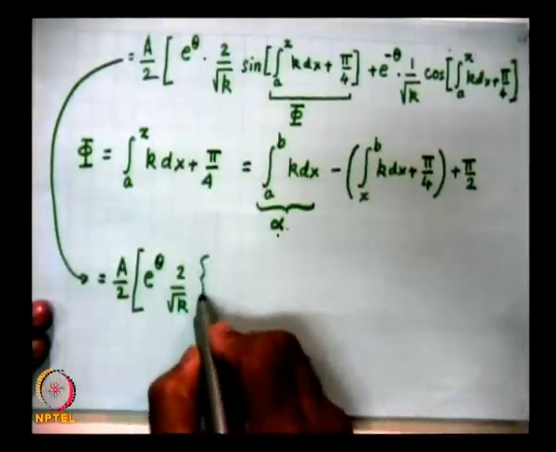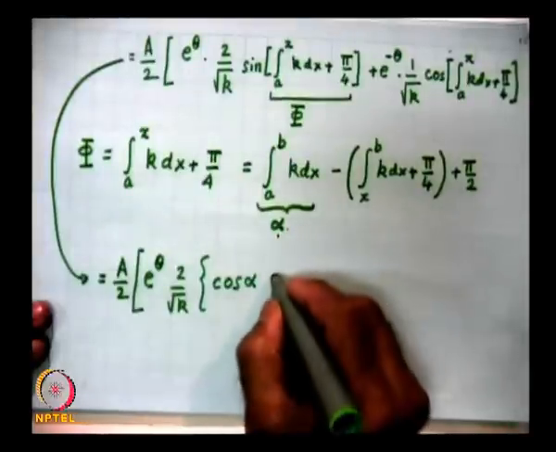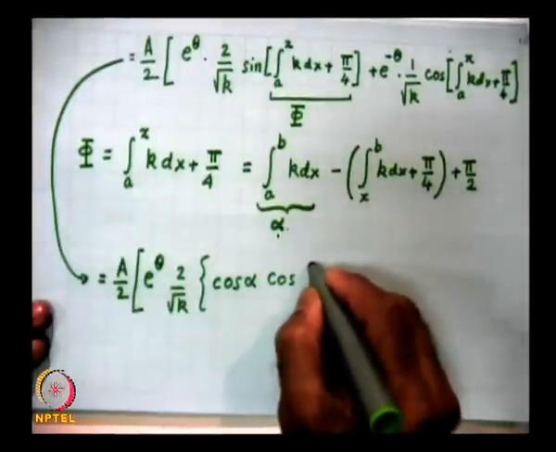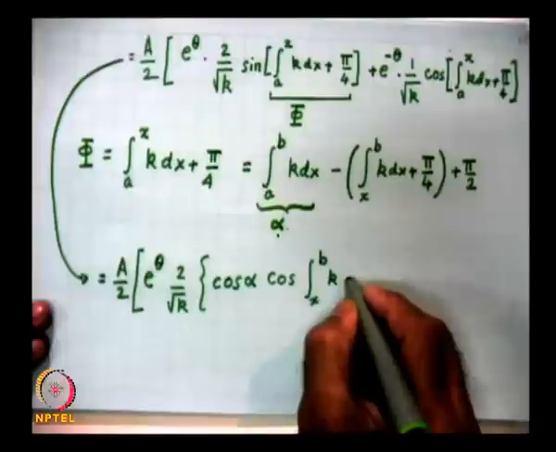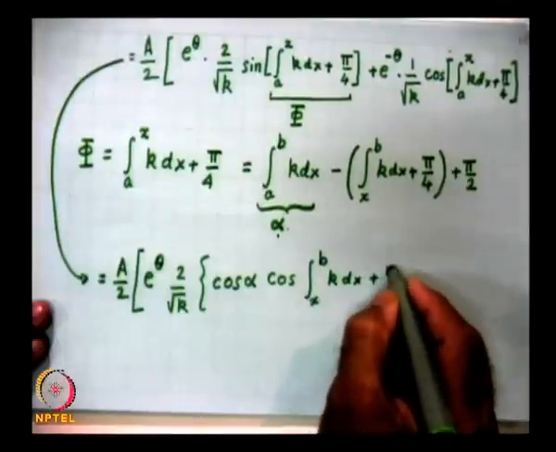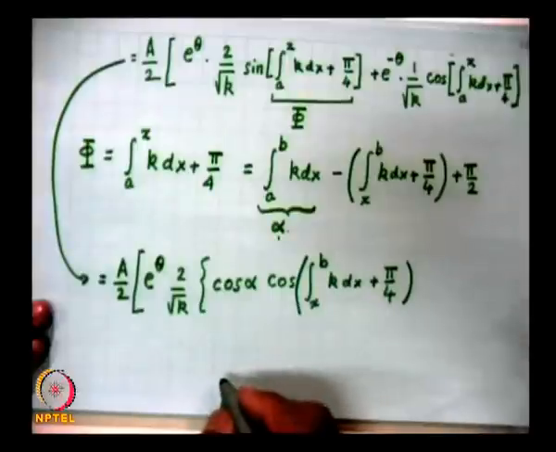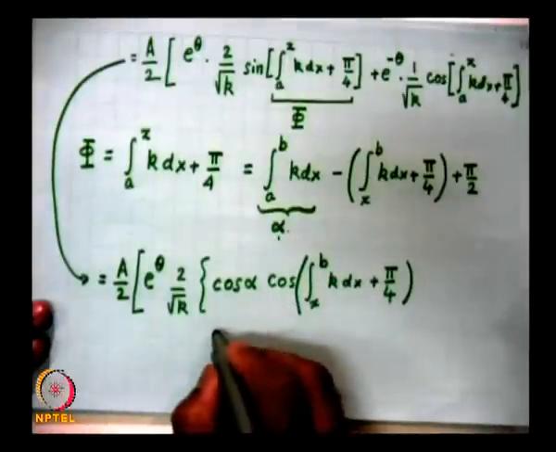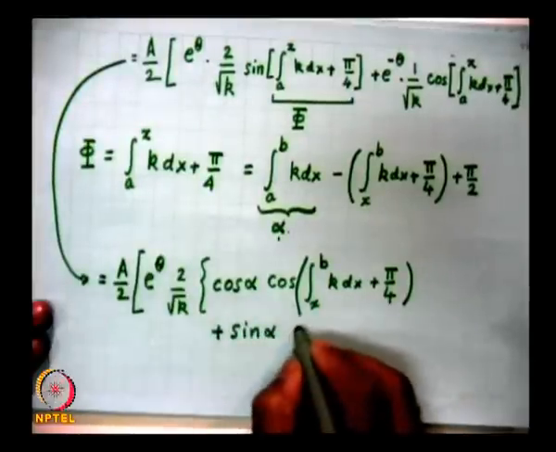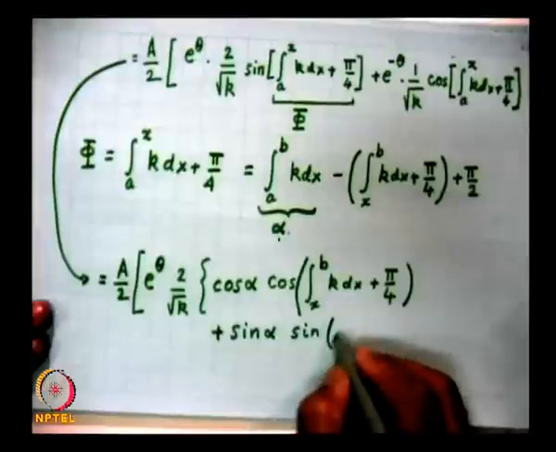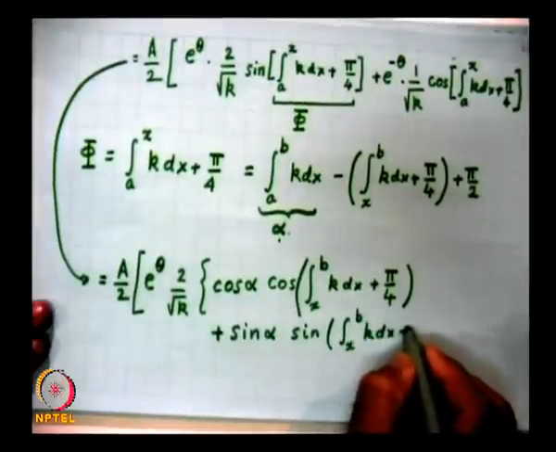So, this becomes cos alpha cos of integral x to b k dx plus pi by 4, plus sine alpha sine of x to b k dx plus pi by 4.